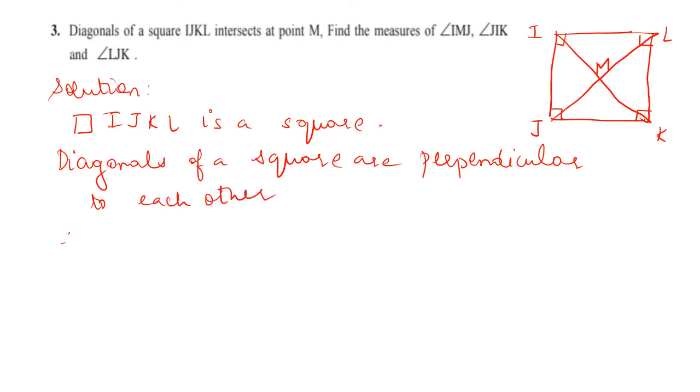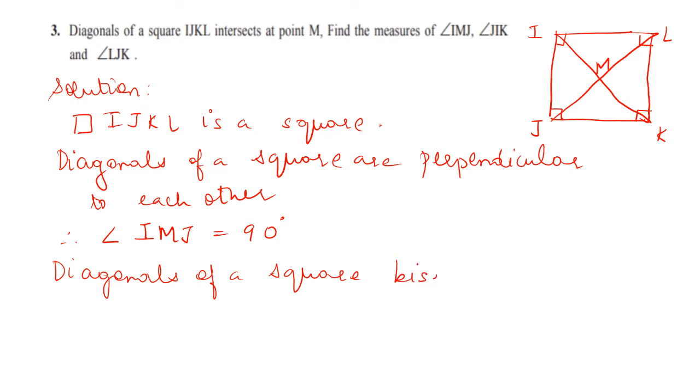Therefore we can say that angle IMJ is equal to 90 degrees. Then the next property of the square is that diagonals of a square bisect the opposite angles.